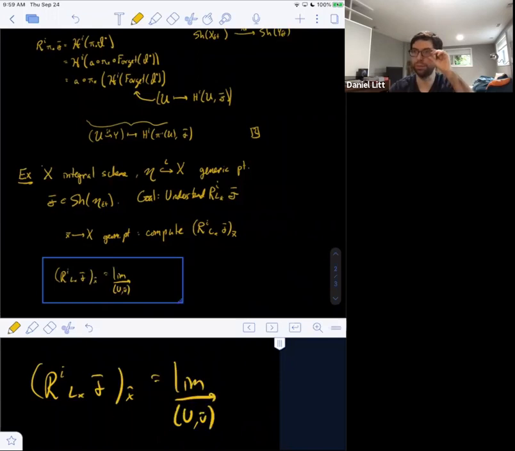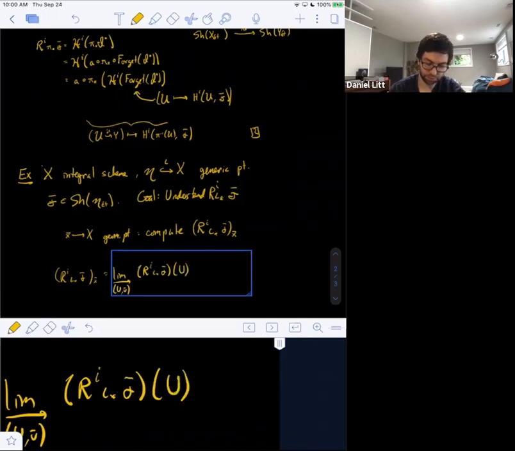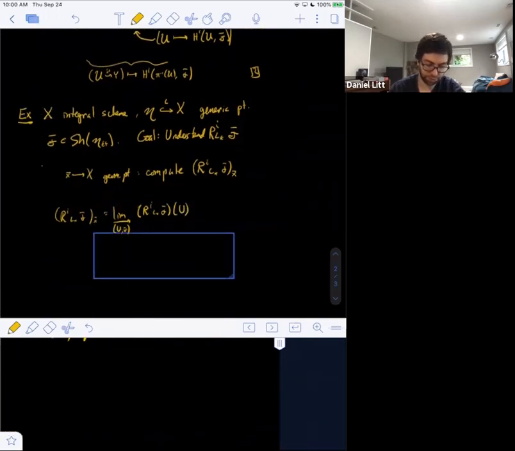Let me remind you what that meant. So u is an Etale mapping to x, u bar is a geometric point of u mapping to x bar. And what are we taking the direct limit of? We're taking Ri iota lower star of F evaluated at that u. Can anyone help me unwind what this is?